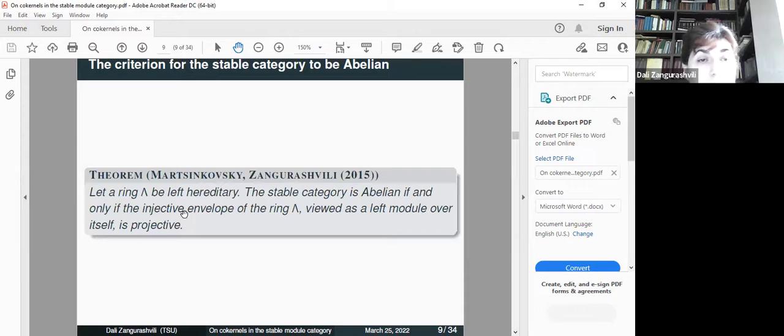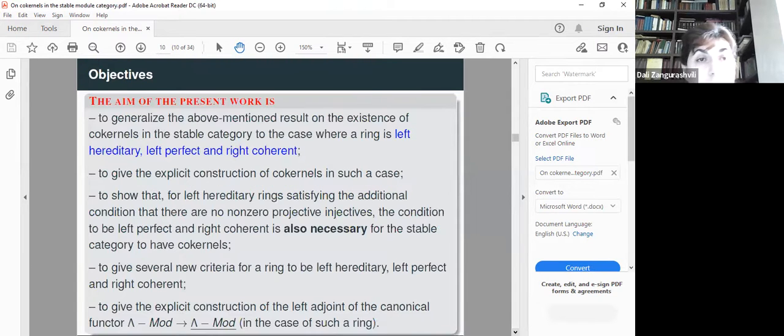And this is the theorem that I just mentioned. The aim of the present work is to generalize the above-mentioned result on the existence of cokernels in the stable category to the case where the ring is left hereditary, left perfect, and right coherent.